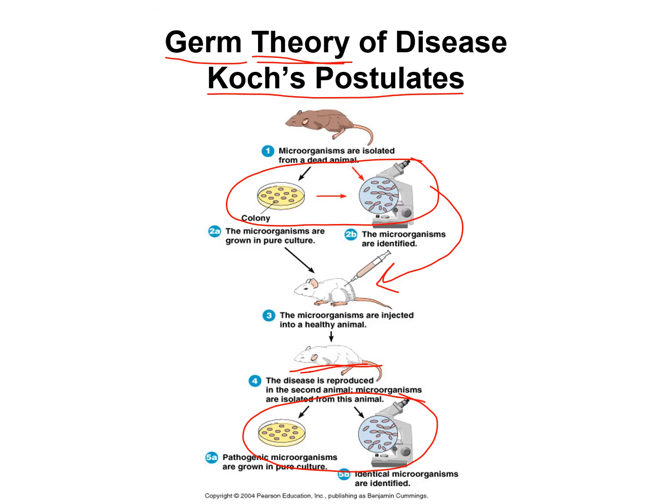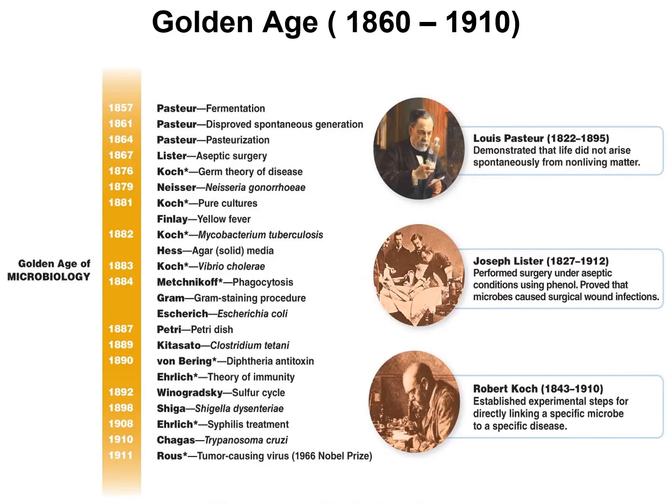And Koch's postulates were very important because now scientists could go through and experimentally prove which diseases were caused by which microbes. And that is the interesting thing you see during the golden age of microbiology. So you have Koch with the germ theory of disease, and actually he first performed this with Bacillus anthracis, the microbe that causes anthrax.